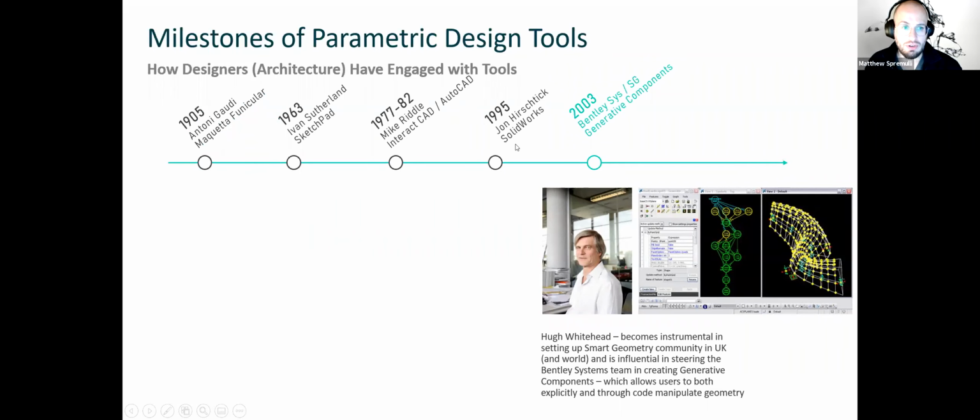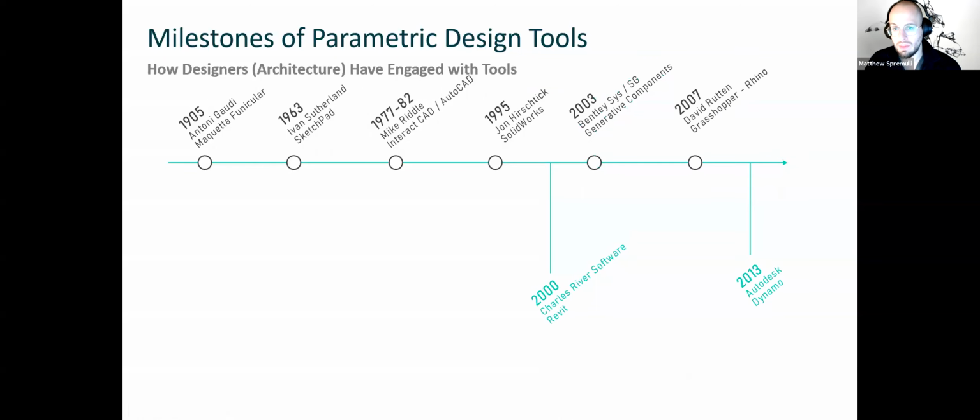Skipping ahead in history, after we get tools like Sketchpad, AutoCAD or SolidWorks, we really start to see visual programming, a combination of explicit modeling and associative rules, show up with Bentley Systems' Generative Components. And then, of course, Grasshopper and Rhino show up, originally as the plugin Explicit History, in 2007. And with Autodesk, we have Revit come out in 2000 and Dynamo come out in 2013.